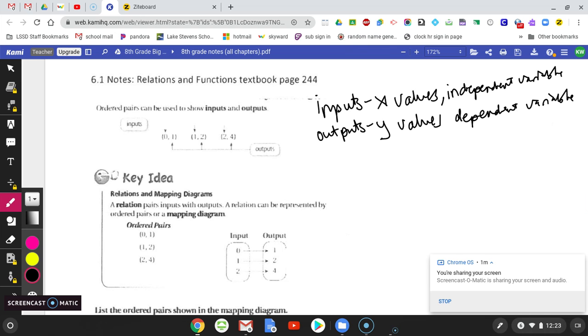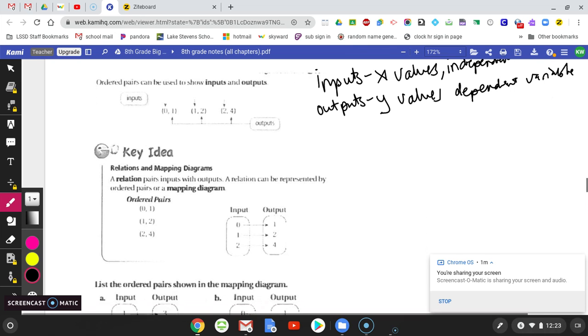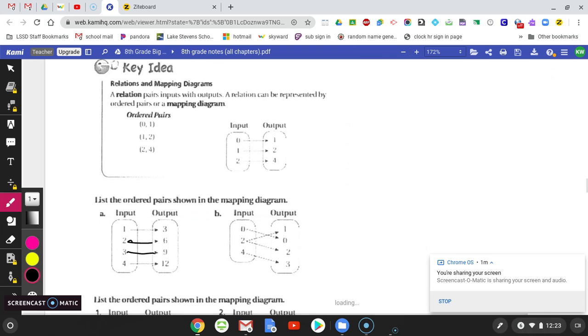So when we're talking about relations in math, though, we're talking about how the inputs relate to the outputs. One way to do that is with an ordered pair, and that's what you're most used to seeing. But there's another thing called a mapping diagram, and it just shows your inputs compared to your outputs. So if I have this input-output table right here, it is the exact same thing as the ordered pairs listed to the left of it, because I have the input 0 that goes to 1, which means my x is 0, my y is 1.